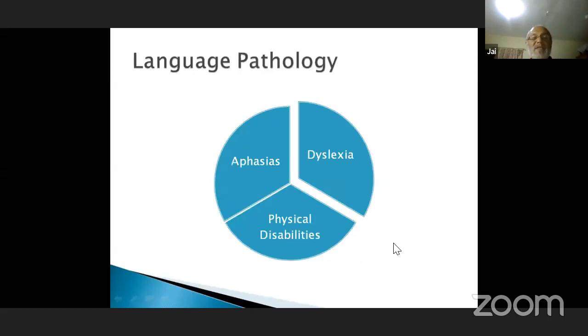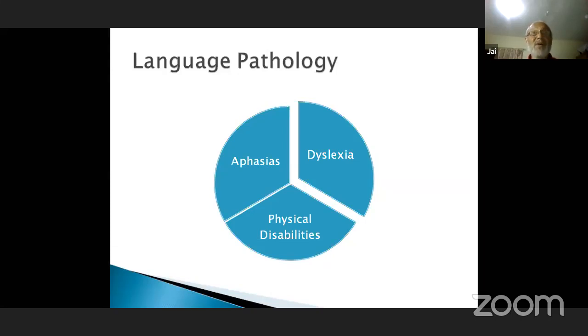And then another one is speech language pathology. When we talk about language pathology, we have aphasia, which is related to the brain, where we have damage in the brain and the people cannot understand and produce speech. This is because of damage in the left hemisphere of the brain, which processes the language, and which is called the language zone. So people will have the inability.